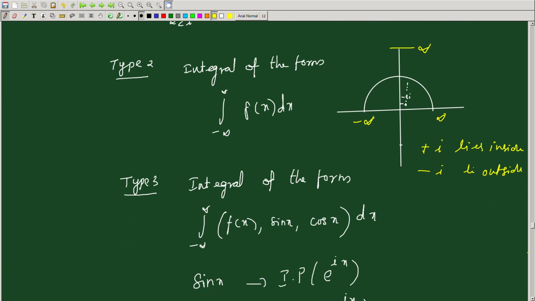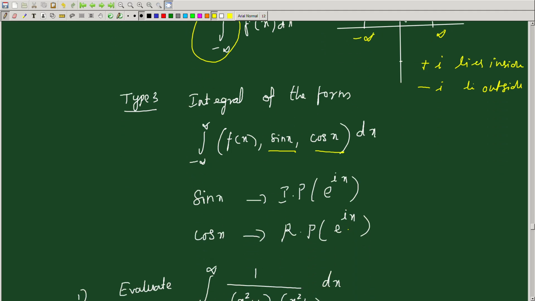For type 3, the same concept, but the limit must be the integral from minus infinity to infinity. The difference is the function is in terms of sin x and cos x. So how to convert this? You know e power i theta is cos theta plus i sin theta. So cos theta is the real part of this.